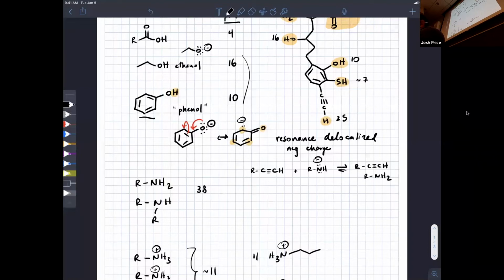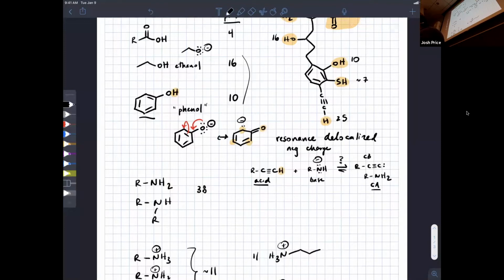Except I'm making stuff up here, sorry. So given an acid and a base, you draw the conjugate base of your acid and the conjugate acid of your base. You identify the acids on both sides of the equilibrium.